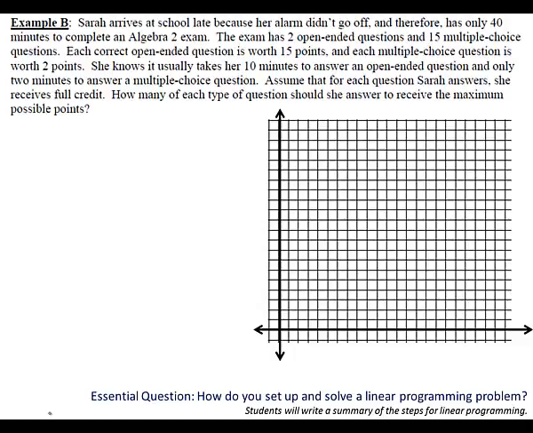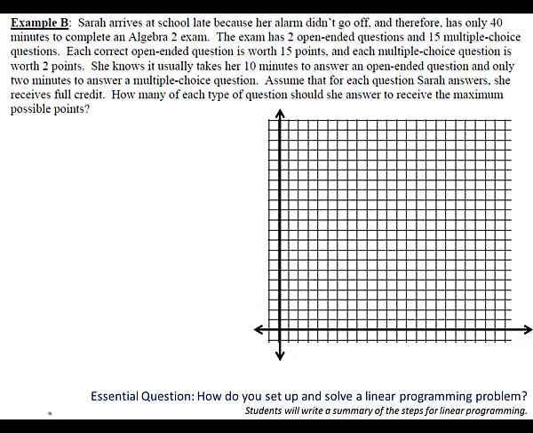Each correct open-ended question is worth 15 points, and each multiple-choice question is worth 2 points. She knows it usually takes her 10 minutes to answer an open-ended question and only 2 minutes to answer a multiple-choice question. Assume that for each question Sarah answers, she receives full credit. Sarah must be a really smart student, huh? How many of each type of question should she answer to receive the maximum points possible?